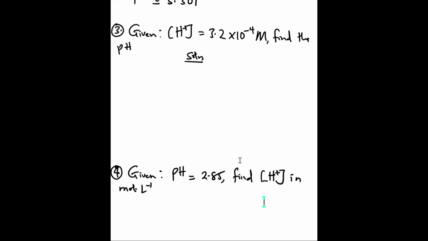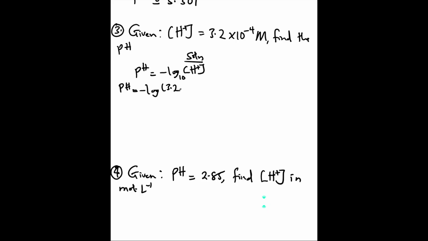Question 3 says, given H plus is equal to 3.2 times 10 raised to the power minus 4, find the pH. So we need to know that pH is defined as pH equals minus log base 10 of H plus. In chemistry, this is what pH stands for. And H plus is 3.2 times 10 raised to the power minus 4.